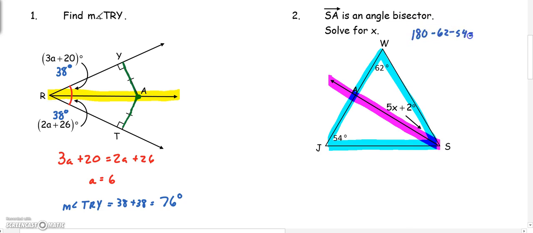When I subtract the two angles I know, I get that my large angle down here is 64 degrees. Now, I know that this is an angle bisector, so I can split that angle into two congruent angles that both have a measure of 32 degrees. So 32 degrees and 32 degrees.